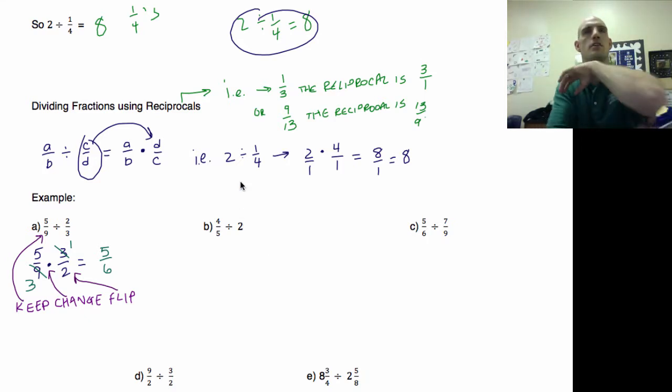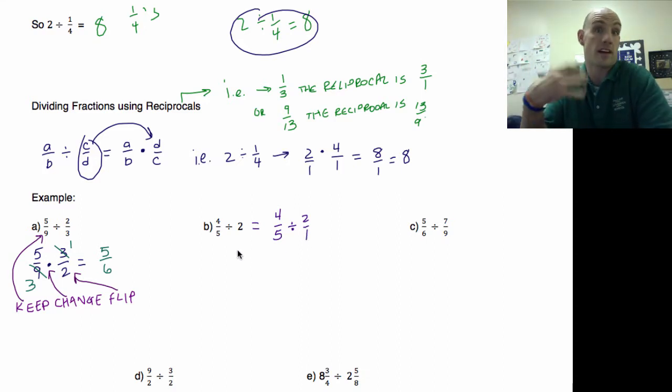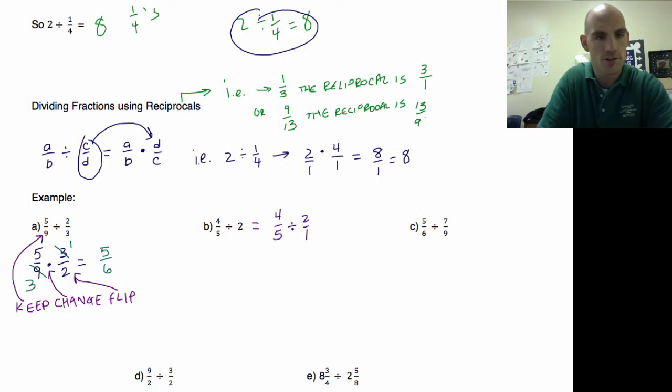So, how do we deal with this when we're talking about whole numbers? Well, I can rewrite this as 4/5 divided by 2/1. So I just rewrite that whole number as a fraction, or the mixed number as an improper fraction. And so I am going to use the keep, change, flip method.